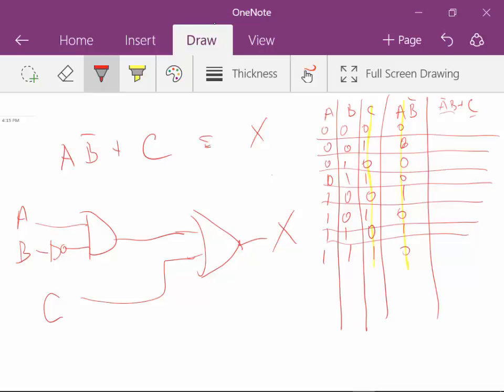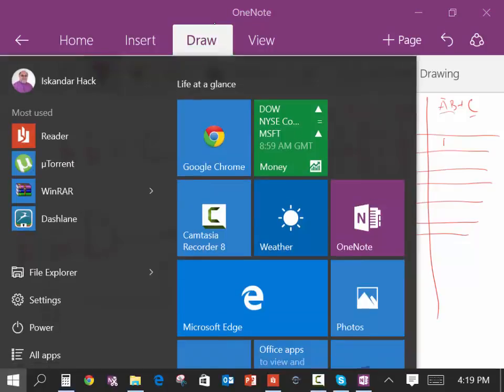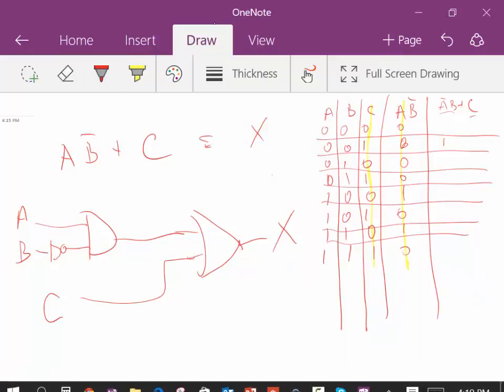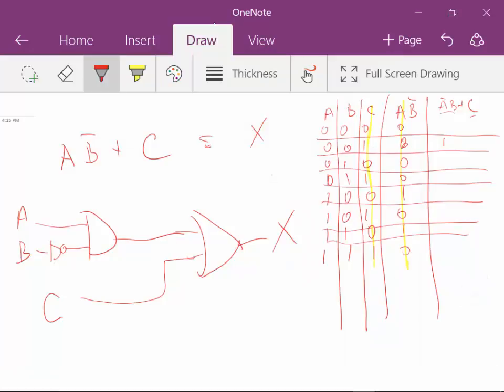Because remember, the OR function, it's one or the other has to be high. They don't both have to be high. So C is high, I can put a 1 here. C is high, I can put a 1 here. C is high, so I put a 1 there. Then I come back to this table, and I put a 1 wherever that's high. Every place else I put a 0. So this is what my output function is going to look like.